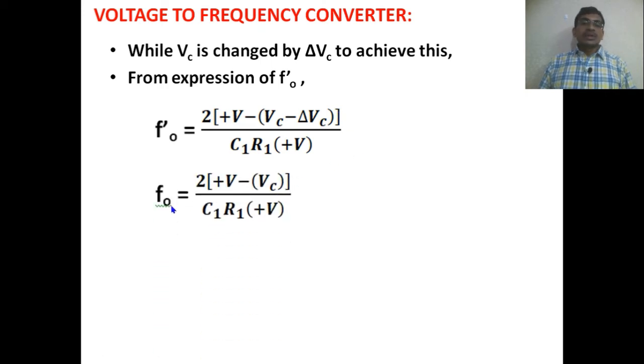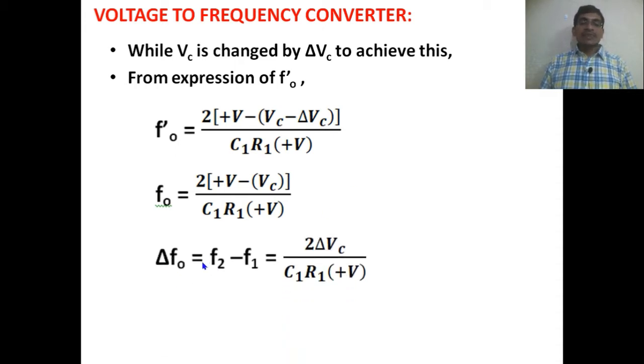So F naught is equal to 2 into (plus V minus Vc) by C1 R1 plus V. This is the original frequency. This is the new frequency. The new frequency was achieved by changing Vc, with delta Vc getting added to Vc. As it is going inside with a minus, delta Vc also becomes minus.